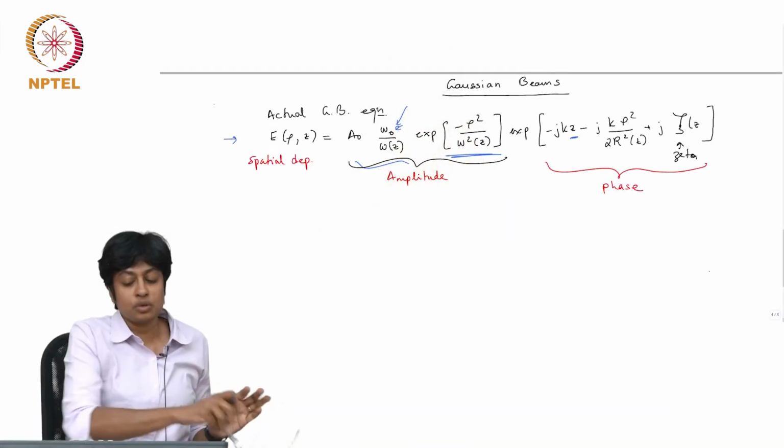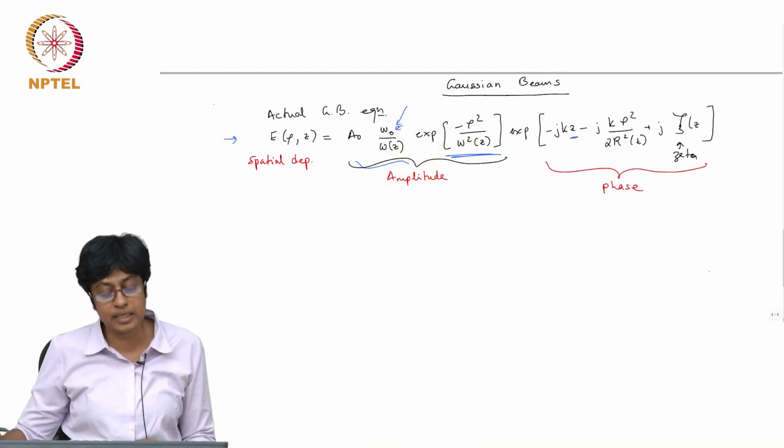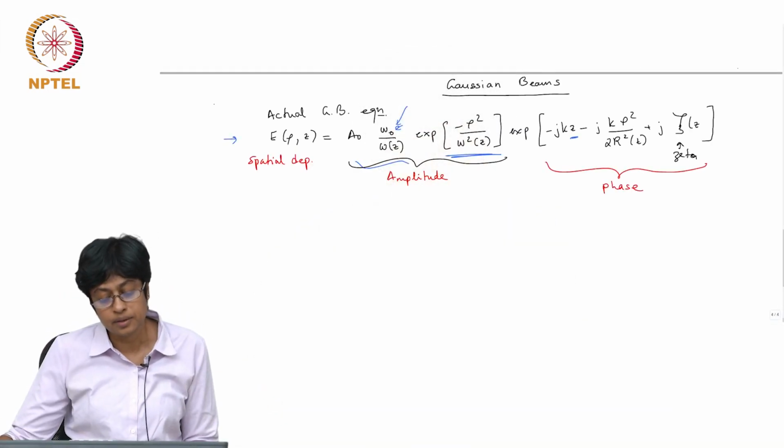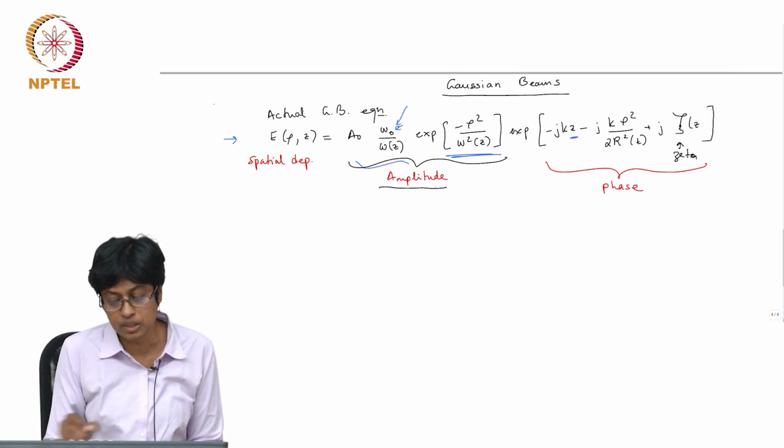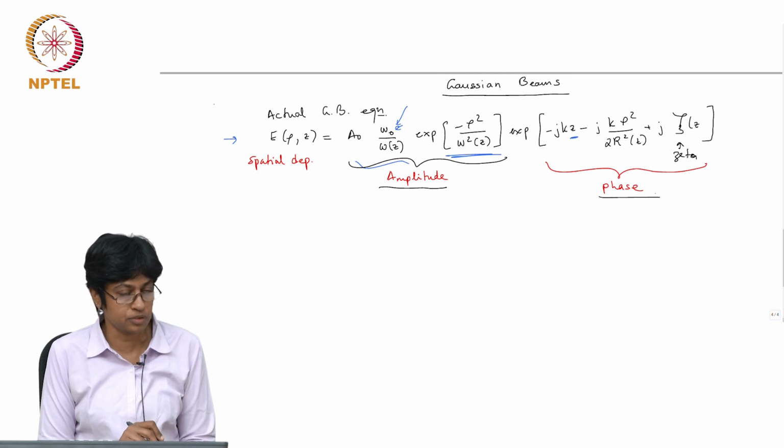Okay. What we were doing at the end of the class was to look at the different parameters in this beam a little closer. So this equation, as written here, very clearly demarcates the part of the beam which relates to the amplitude, and the part which relates to the phase.